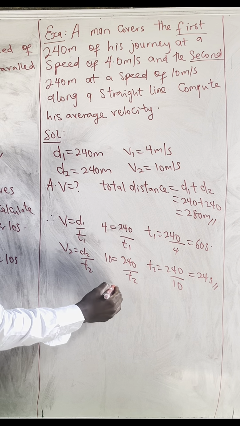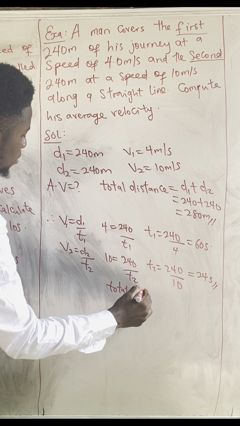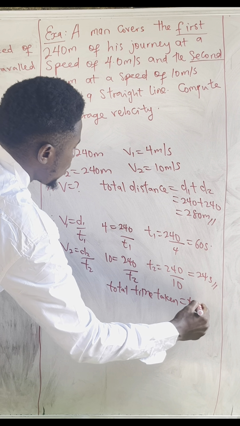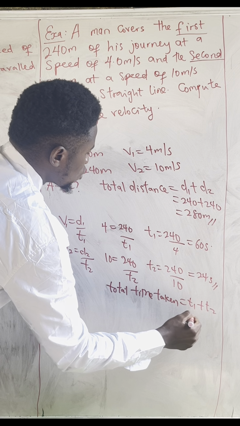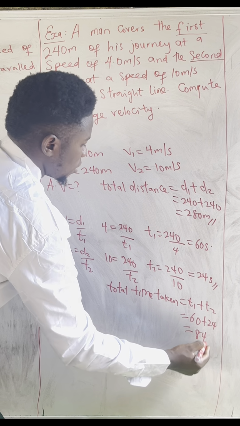So therefore, guys, I can get my total time taken to be equal to T1 plus T2. And that's equal to 60 plus 24. And that's equal to what? 84 seconds.